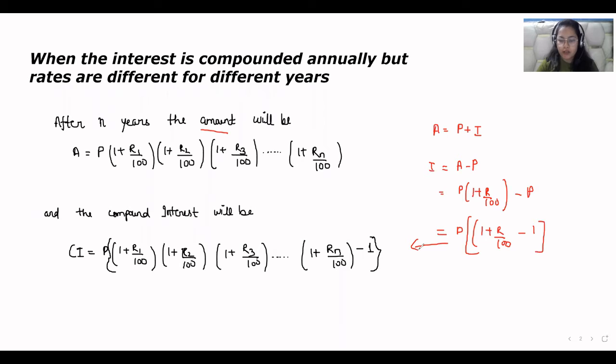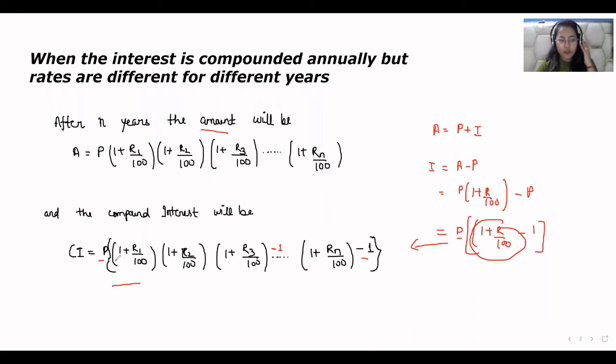So if they give you the rate of interest for 3 years, you can simply put minus 1 here, and for 4 years and 5 years, you write more rate factors and then simply subtract 1 to calculate compound interest.